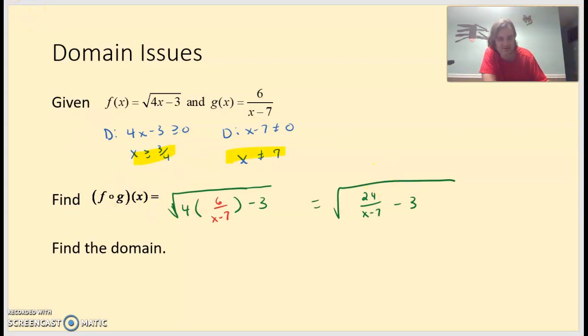But we've got this root here, so let's see. Nothing under the root can be negative, so we'll set up a rational equation. 24 over x minus 7 minus 3 equals 0. So we can pull the 3 over, multiply top and bottom by x minus 7.